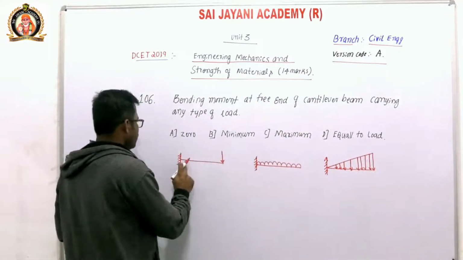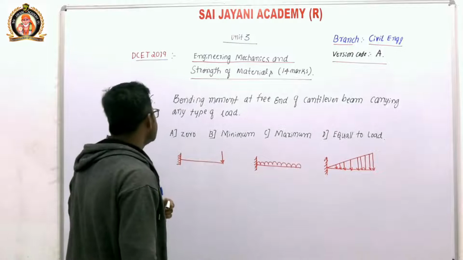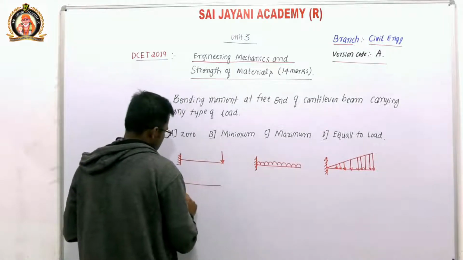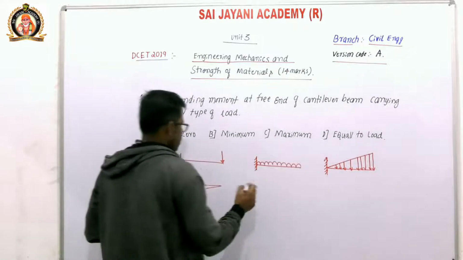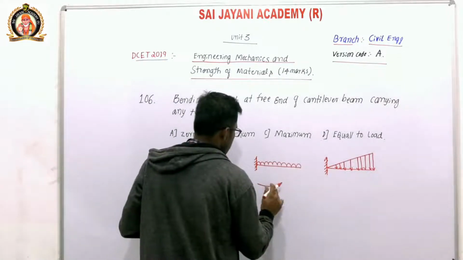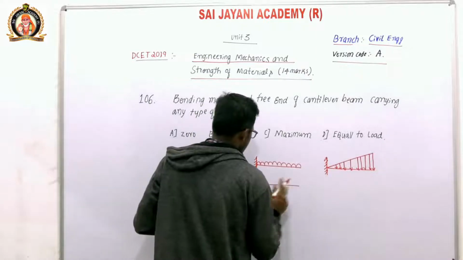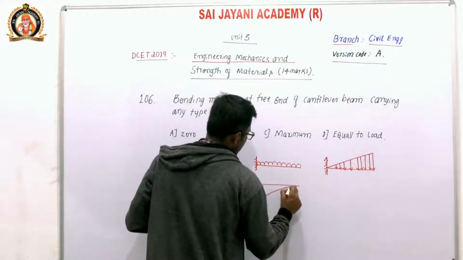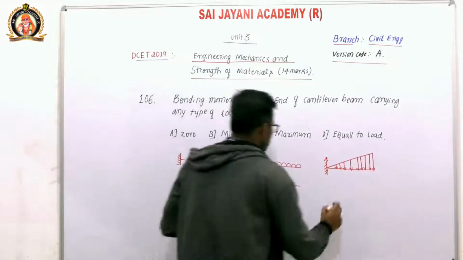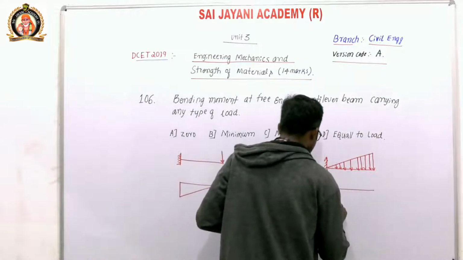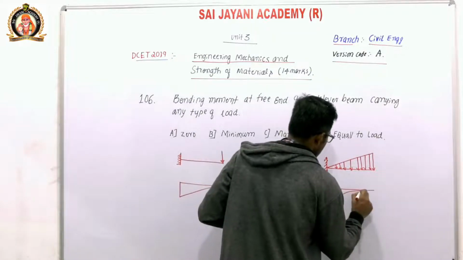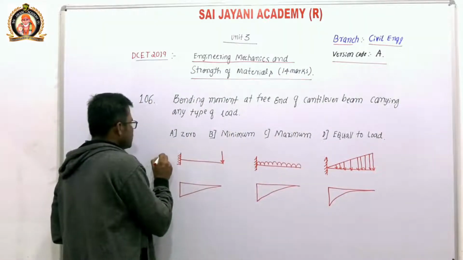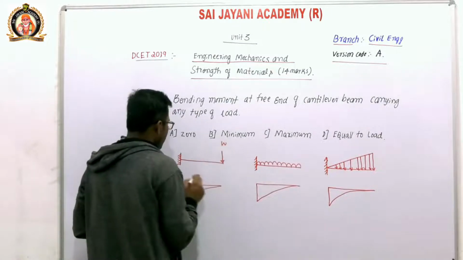For the cantilever beam carrying a point load at its free end, the bending moment diagram is as follows. The bending moment diagram for a cantilever carrying UDL is as follows. For UVL it is as follows.